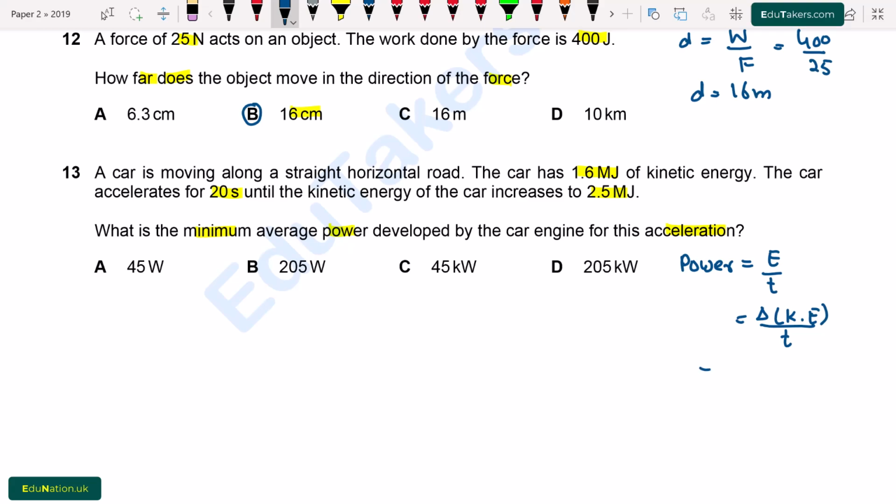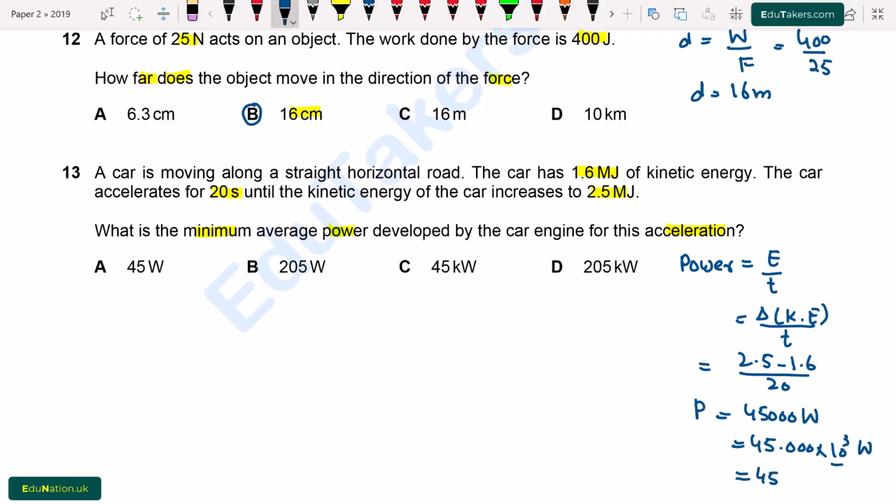Now I am going to put values here. The change in kinetic energy will be 2.5 minus 1.6 and time is given, which is 20 seconds. So power will be equal to 45,000 watt. This is also equal to 45.000 multiplied by 10 to the power 3 watt, and 10 to the power 3 is basically equal to kilo.